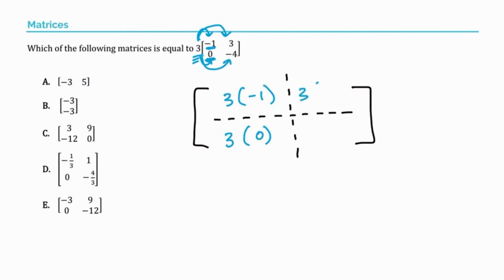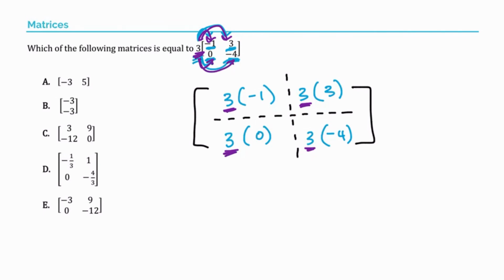Upper right, I've got my 3 on the outside times the number, which is a 3. And then I still have my 3 on the outside times the -4. So again, what I did here is I took this 3, the purple 3, and basically just distributed it, and I am multiplying to each part.